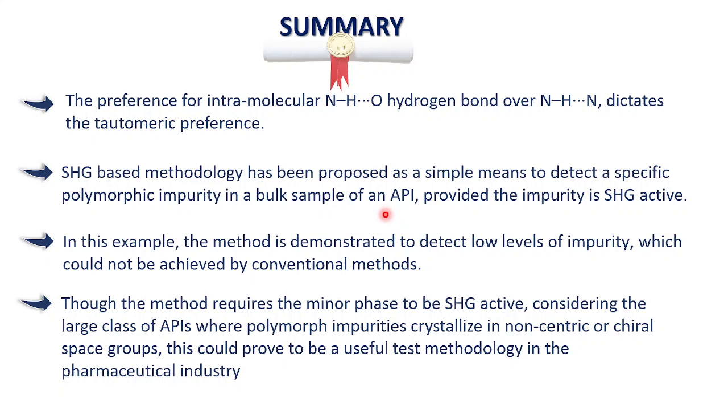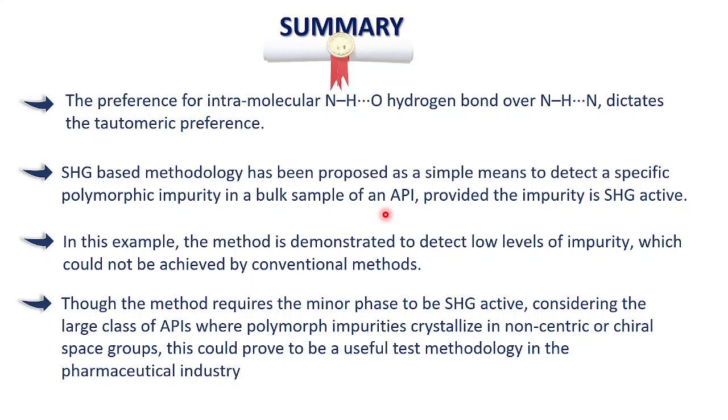It is provided that the impurity is second harmonic generation active, meaning one of the components should be non-centrosymmetric. Then only we can apply this technique.